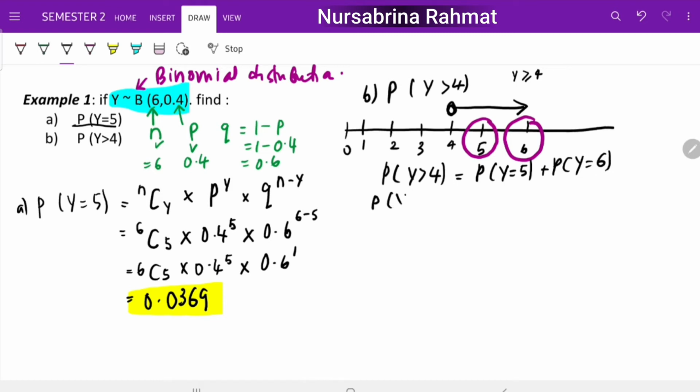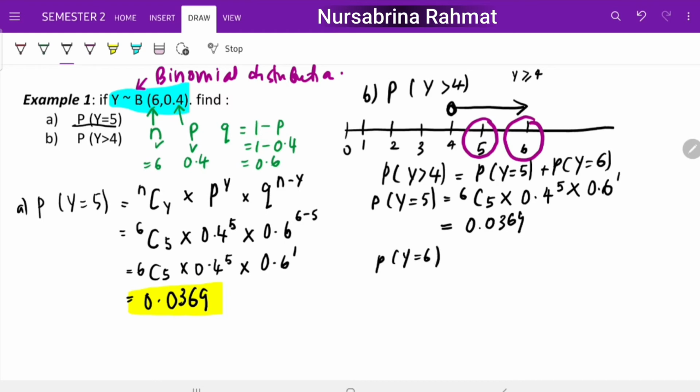P(Y = 5) equals 6 choose 5 multiplied with 0.4 to the power of 5 multiplied with 0.6 to the power of 1, which is 0.0369. P(Y = 6) equals 6 choose 6 multiplied with 0.4 to the power of 6 times 0.6 to the power of 0.